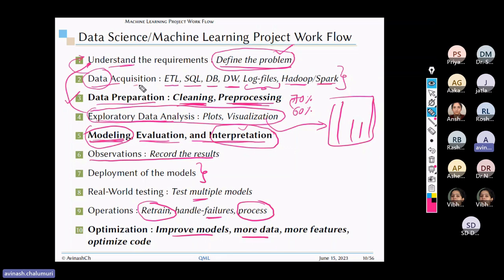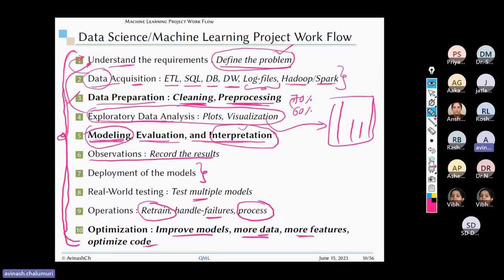If the data is not sufficient, you try to collect more data and more features, and you optimize your code. So this is the usual data science or machine learning workflow that almost all people use in order to solve problems using machine learning.